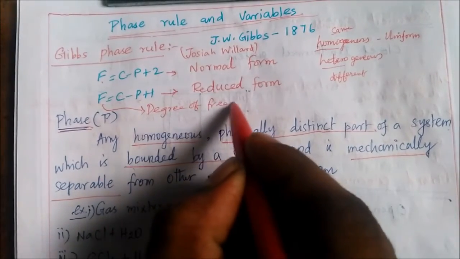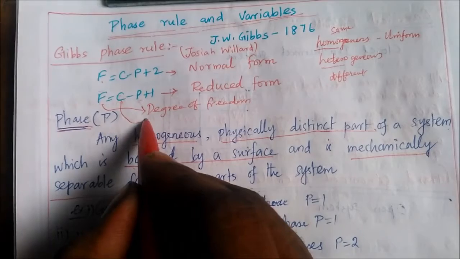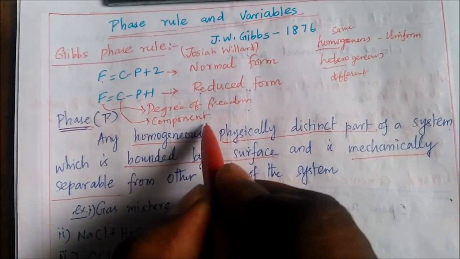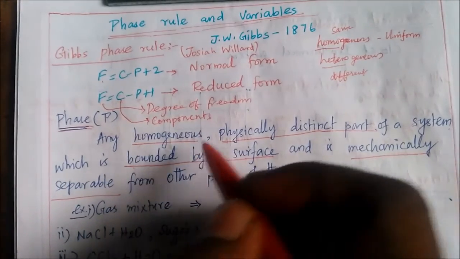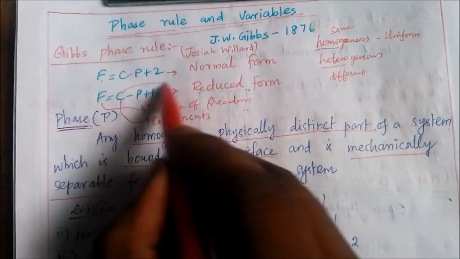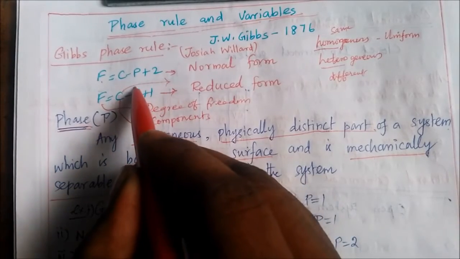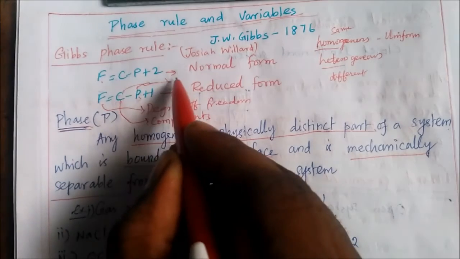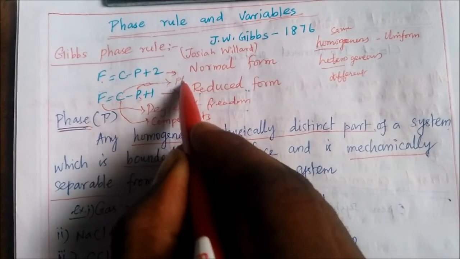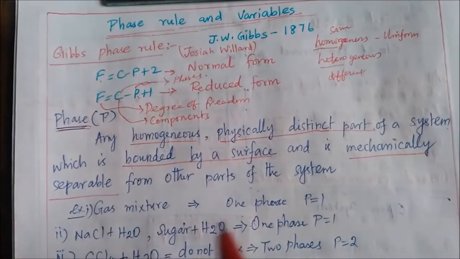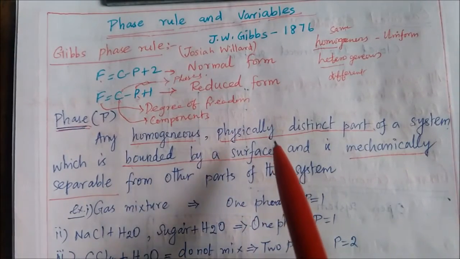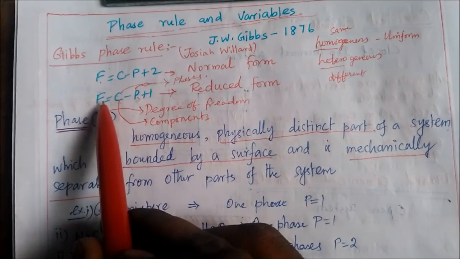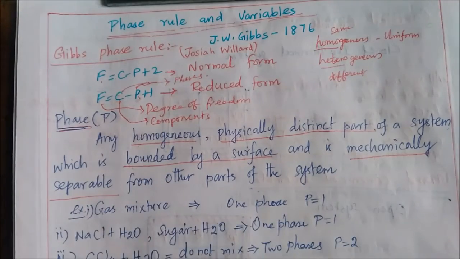What is C? It is component or number of components. What is P? It is phases, the number of phases present in the system. So this is the meaning for F, C, P.